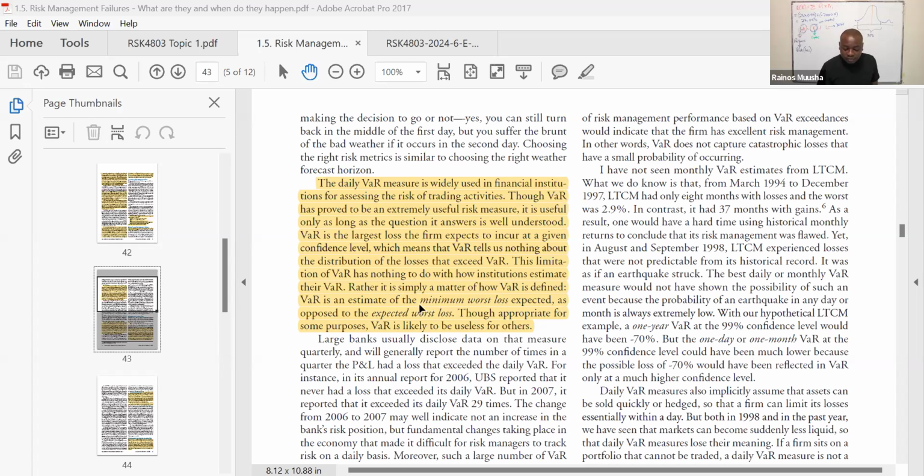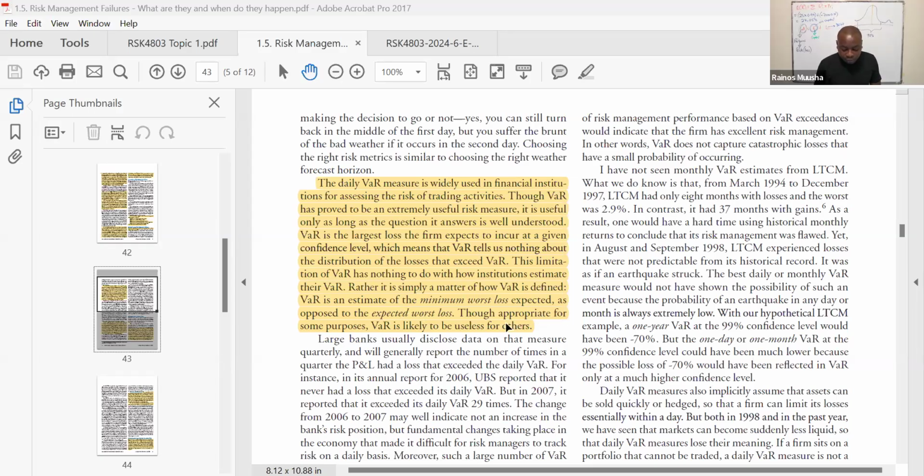The expected worst loss is the average of the losses exceeding the worst loss. That's why we talk about the expected shortfall, although they don't go on and describe it here.